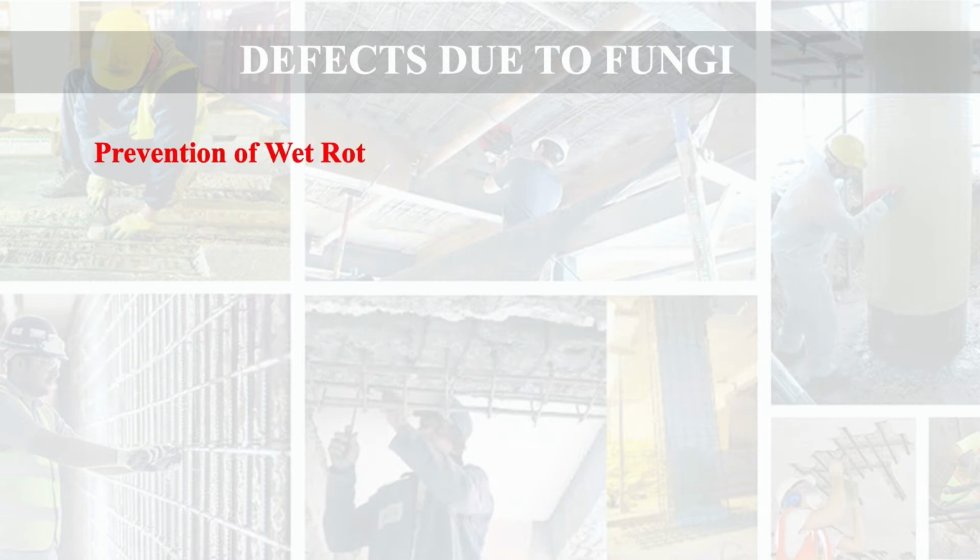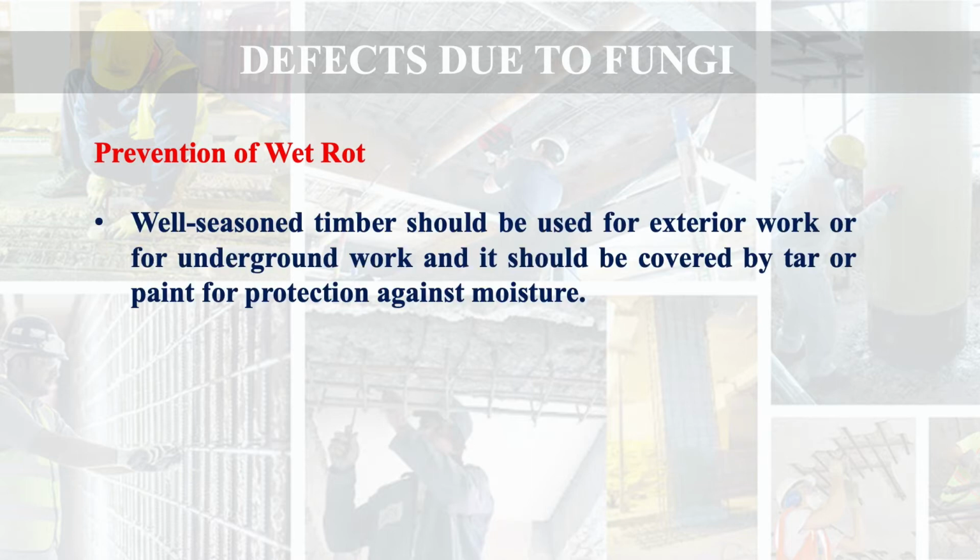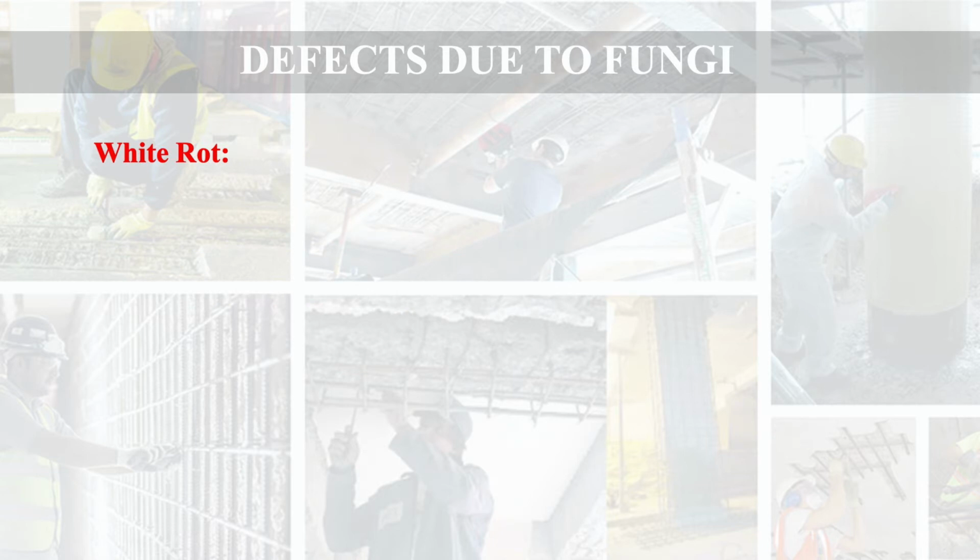How can we prevent wet rot? Well-seasoned timber should be used for exterior work or for underground work, and it should be covered by tar or paint for protection against moisture. That way we can prevent wet rot. Now let us discuss white rot.